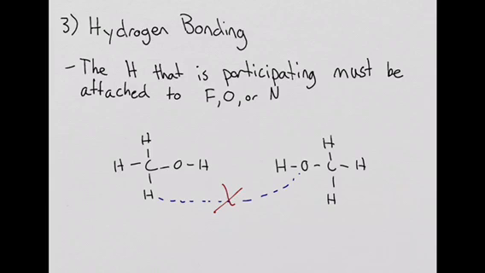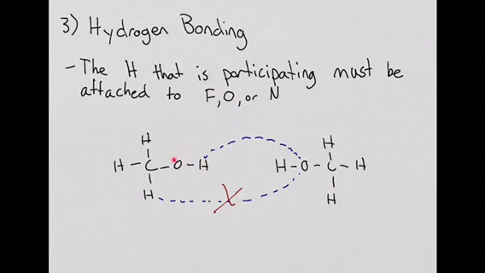Now let's move over here. Is this a hydrogen bond? This hydrogen with this oxygen. So let's read the rule. Is the hydrogen that is participating attached to any of these? The answer is yes.